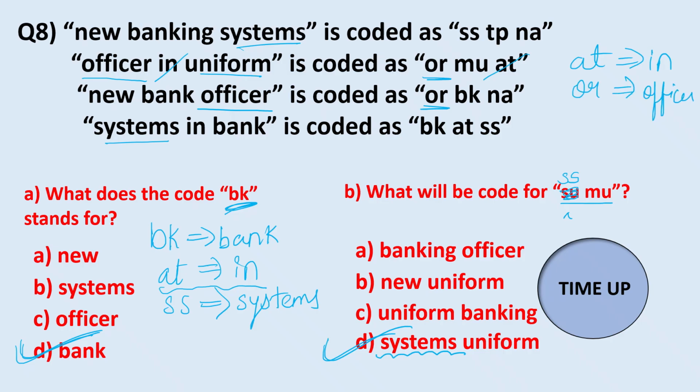But we want for MU. So MU will stand for what? Uniform, correct? So the correct option is systems, that stands for SS. MU code is uniform. So the correct option is option D. Understanding?